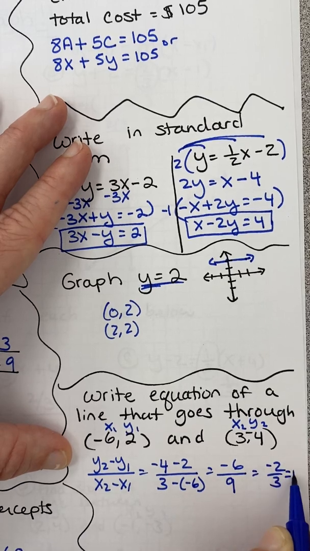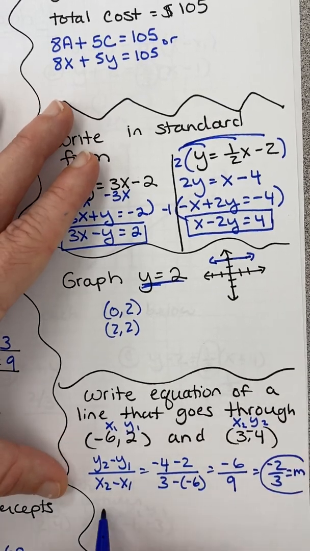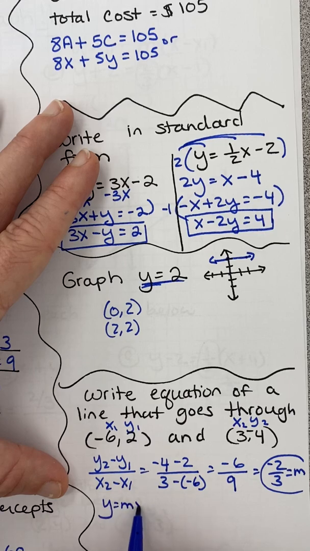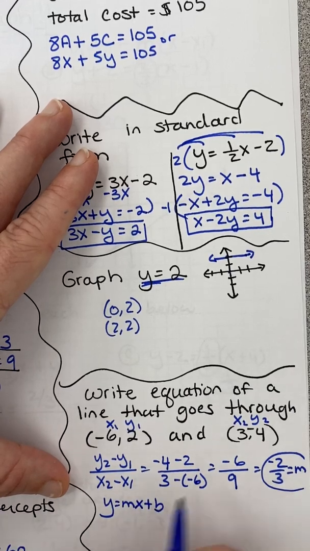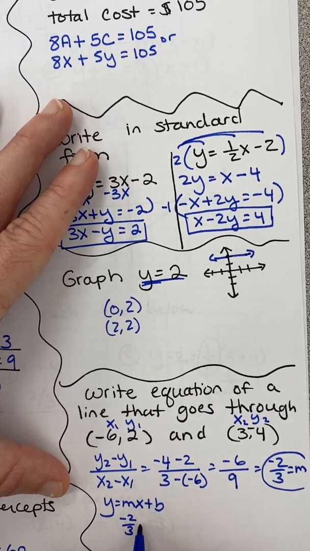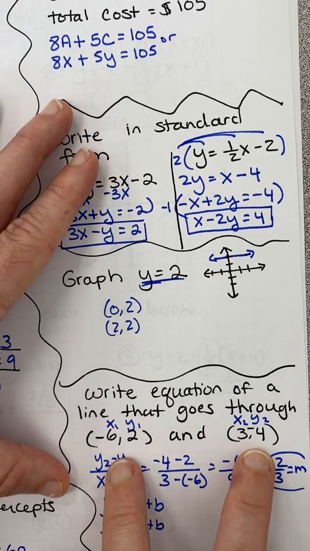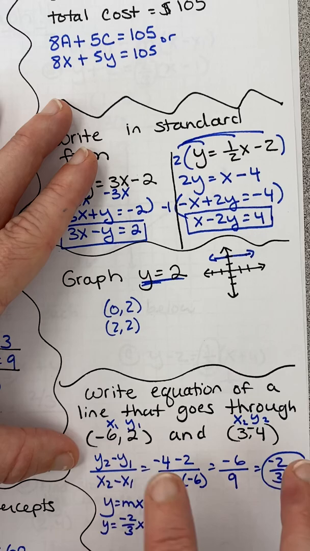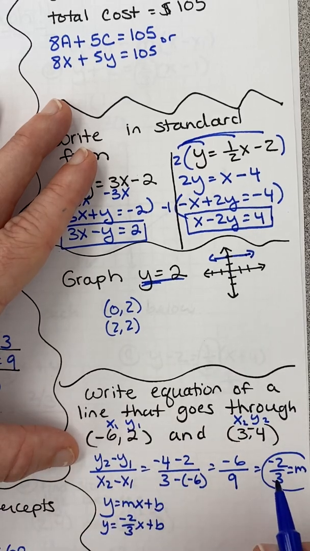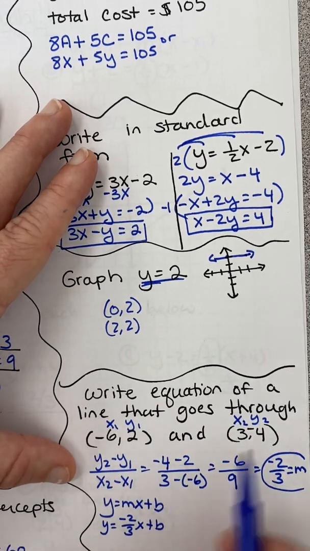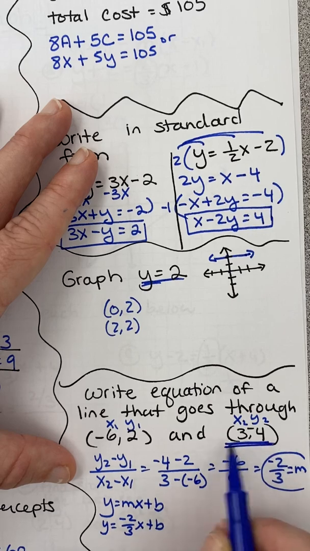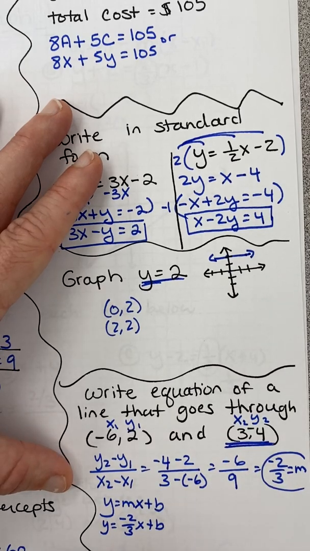So negative 2/3 is my slope. Y equals mx plus b. I'm gonna plug my negative 2/3 in here. One of these coordinates is not the y-intercept, so I just have to pick one of them. Actually, I'm gonna choose this one just because the numbers are smaller. I have a negative and positive anyway, so it doesn't really matter. My y value is negative 4.